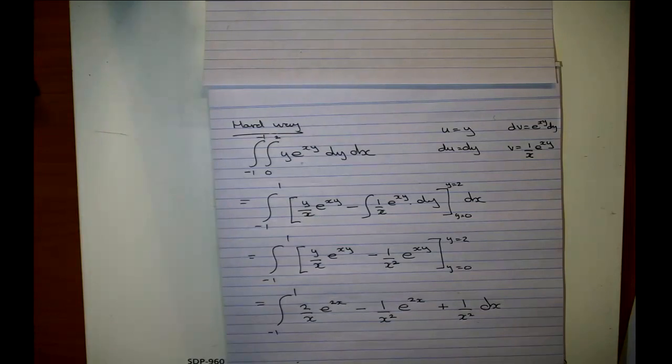Can anyone see something I've done? Have I done something wrong? It doesn't look like it to me. Y times the exponential of x times y, integrate that with respect to y.